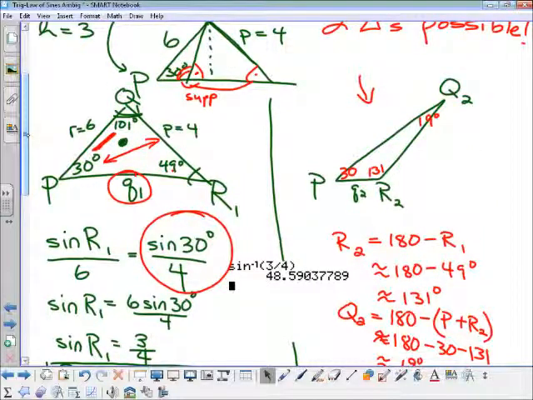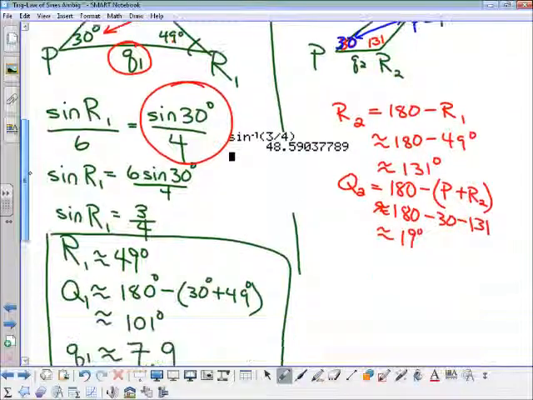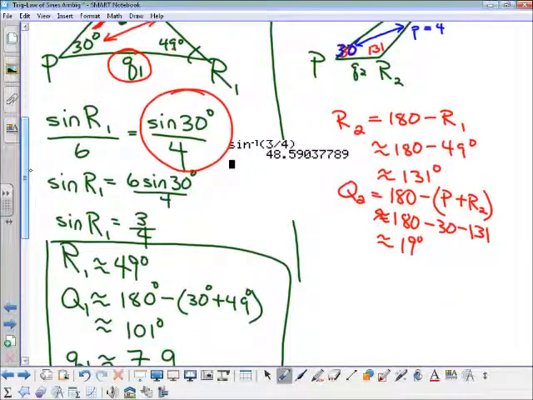Again, we were given this 30. We were given little r as 6. We were given little p as 4. So now, again, I have my choice for setting up my law of sines. But again, I'm going to use these two because they were given. So I couldn't mess that up too badly unless I read the problem wrong.